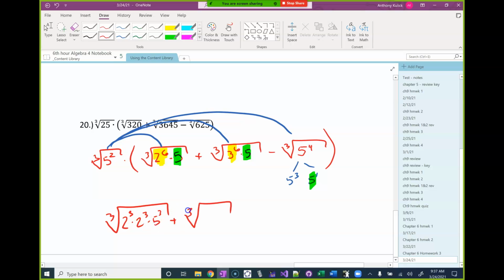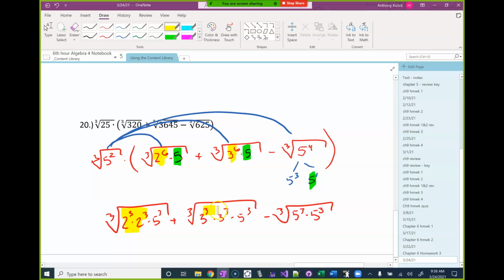Write down what I have. You don't really need to write this step because you could go straight from what we had before to our answer, but I'm going to write it just so it's clear. Is everybody okay with what I wrote down there? So instead of writing 2 to the 6th, I wrote it as 2 packets of 3, right?